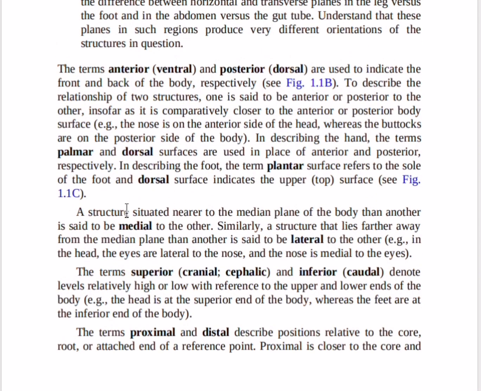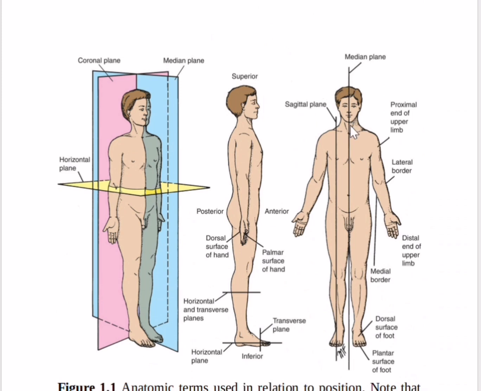We also use the term medial, right? So if a structure is situated nearer to the median plane, we call that structure medial. For example, your eyes are medial to the median plane because your eyes are nearer to the what? To the median plane. Unlike your ears, we call them lateral because they are away to the what? To the median plane.